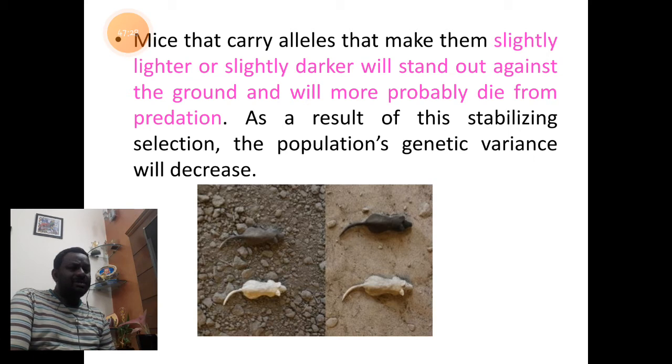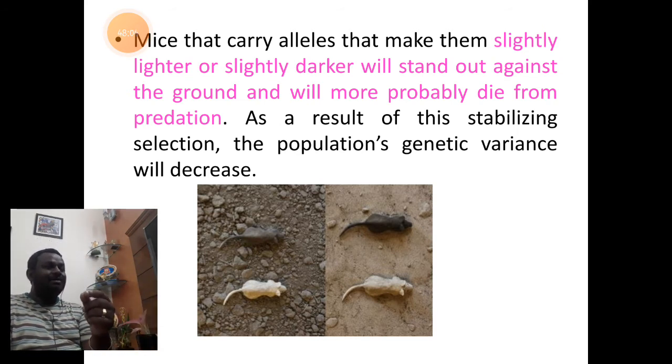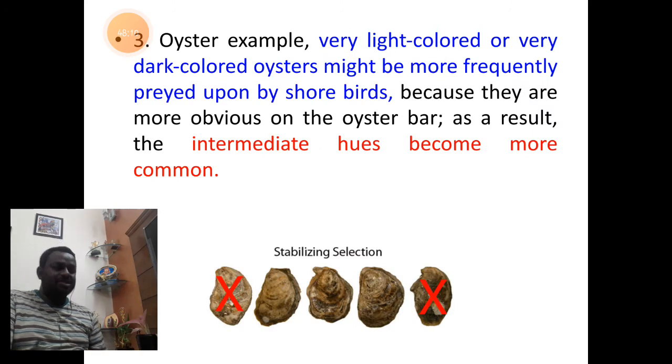It will help them match the ground on which they are. If the body color matches the ground color, the predators will prey only on the organisms that are of a different color from the background. For example, in the first picture, the white one is clearly seen. In the second picture, the dark one is clearly seen. So those individuals are easily plucked by the predators. So genetic variance will generally start decreasing in stabilizing selection.